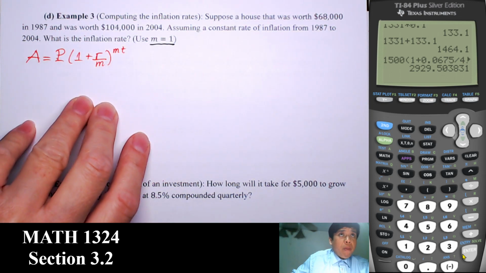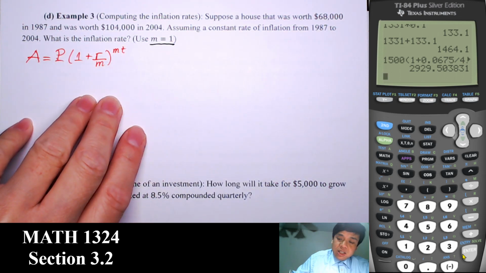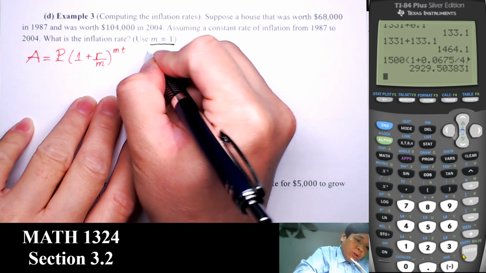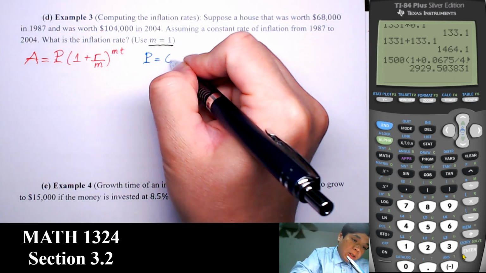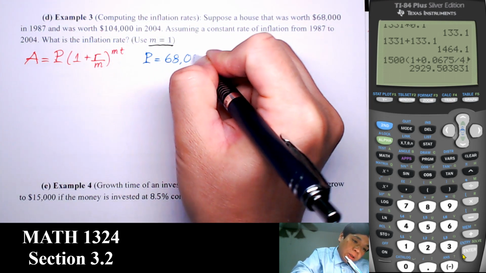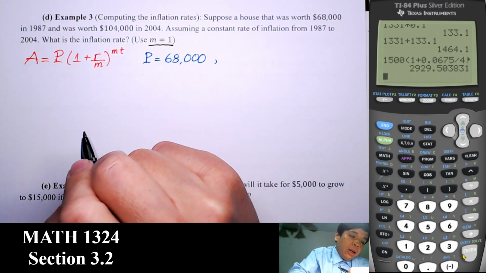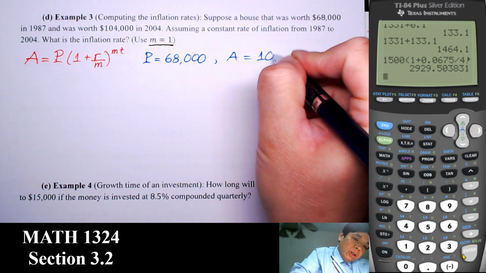Keep things simple. What we have is in 1987, so that is the original, or the principal, is 68,000. And then the future value is 104,000.